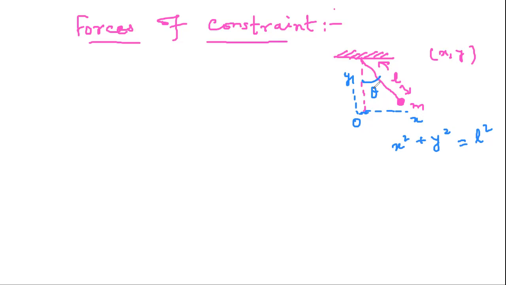If there are any constraints in the system, constraints are restrictions which are imposed on these coordinates. So if you impose these restrictions, that leads to a decrease in the number of independent coordinates, right?